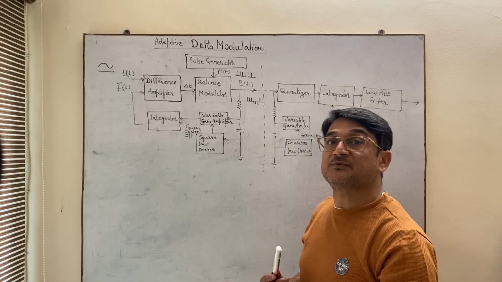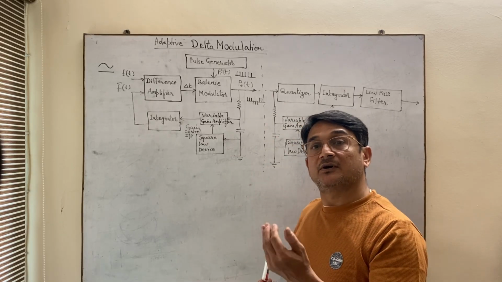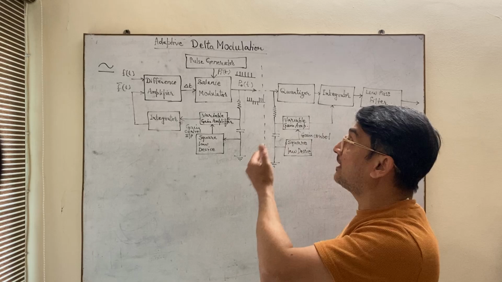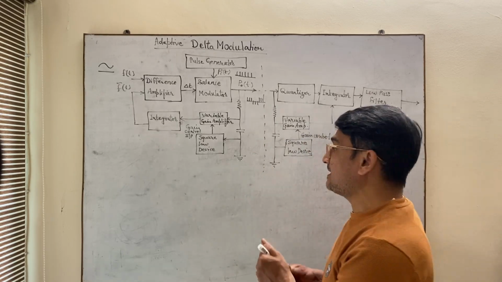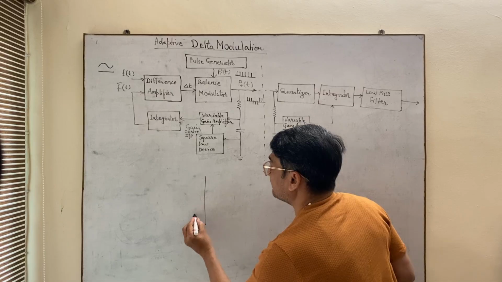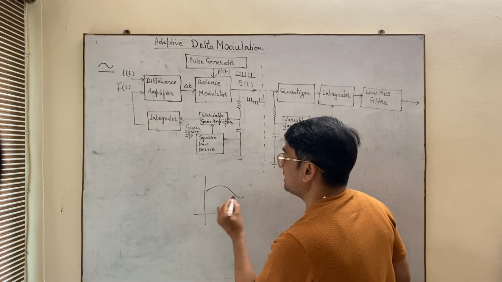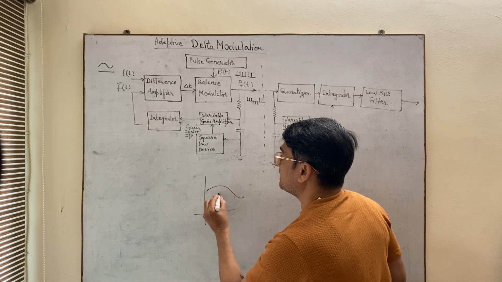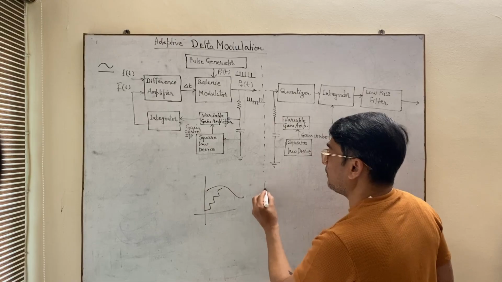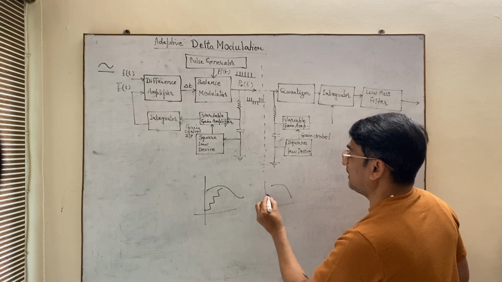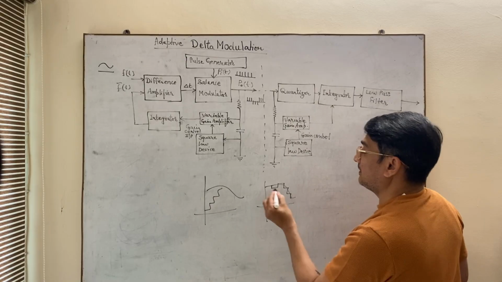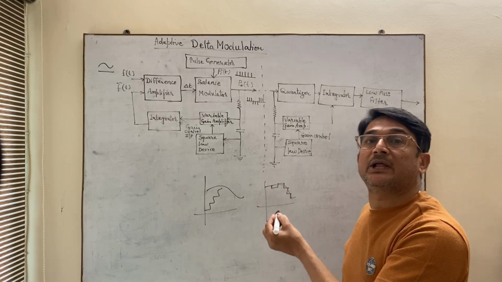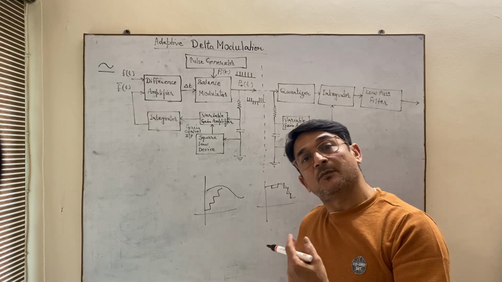So both the problems which we were facing in delta modulation, where we used uniform step size. Now what will happen if the signal is something like this? Instead of following this, now you can follow the signal directly like this, and when you demodulate, you can recover the signal properly.